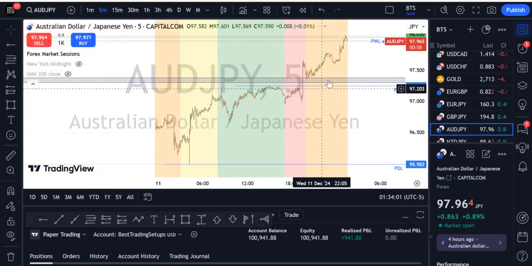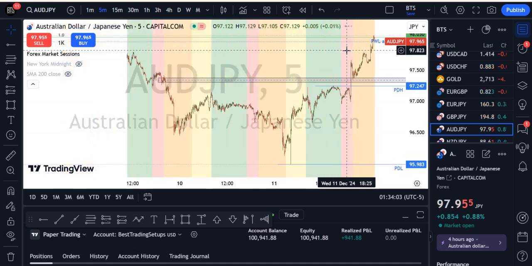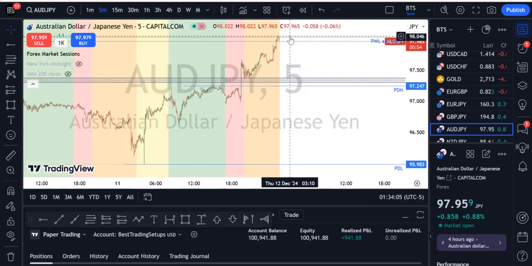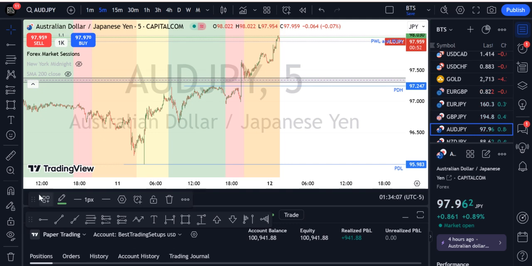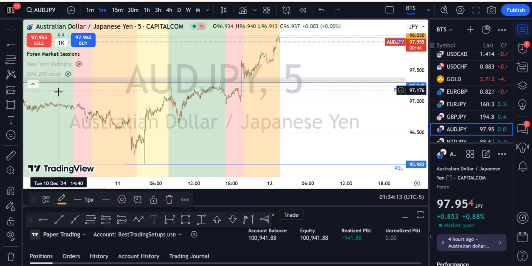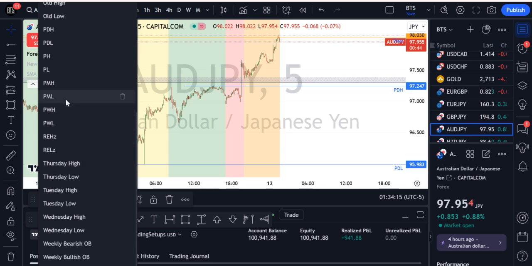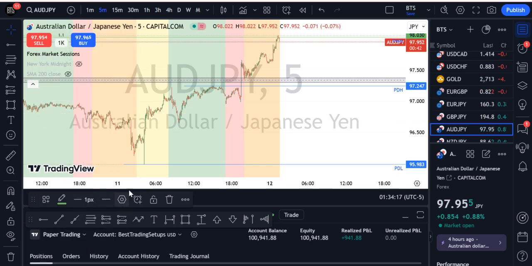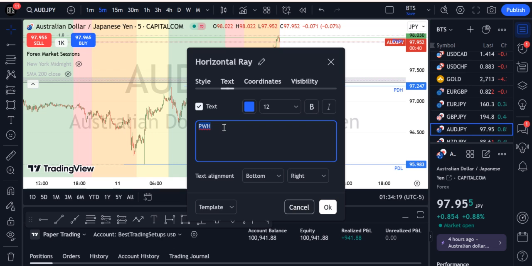AUD JPY already smashed previous week's high, and right around that high we also have relative equal highs also.